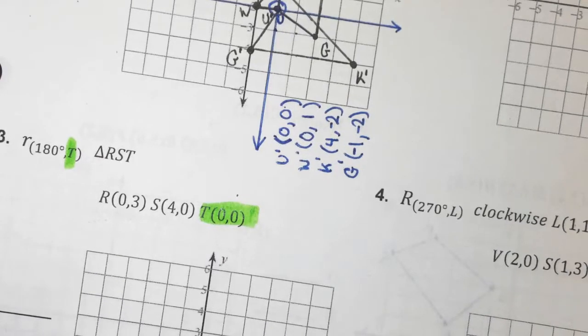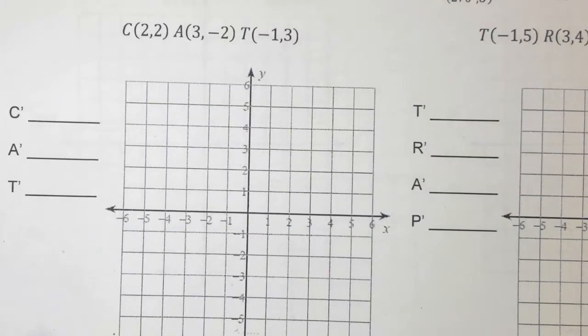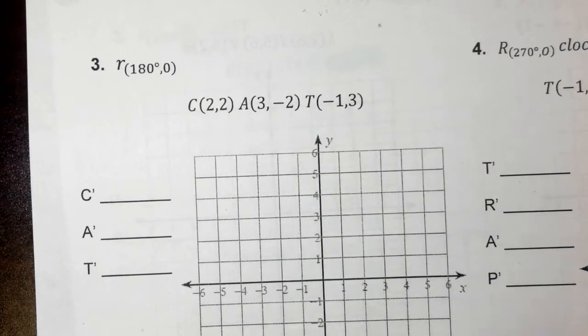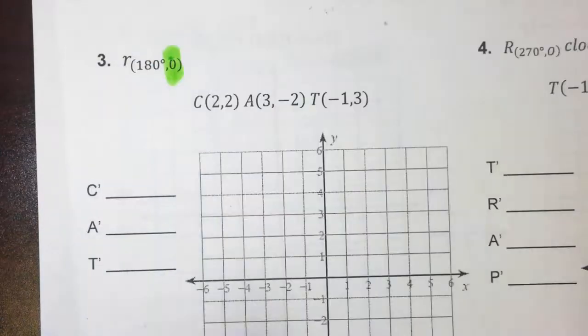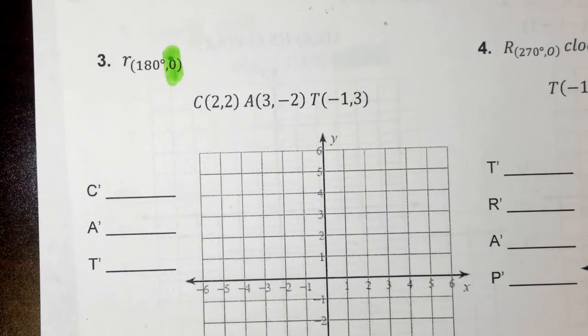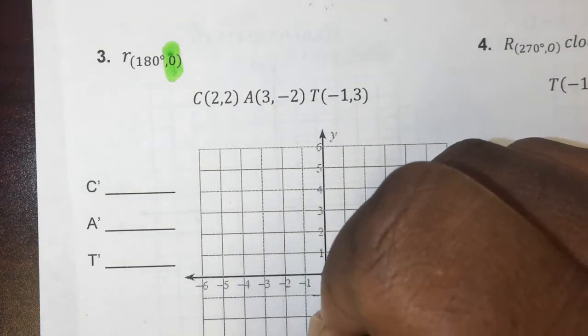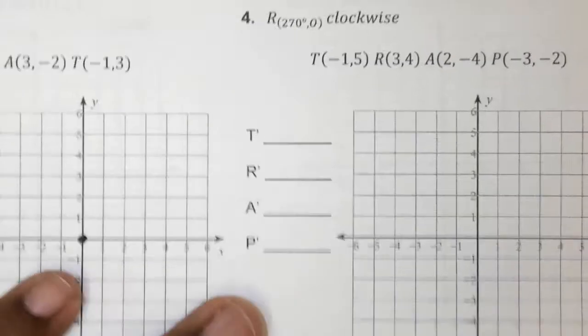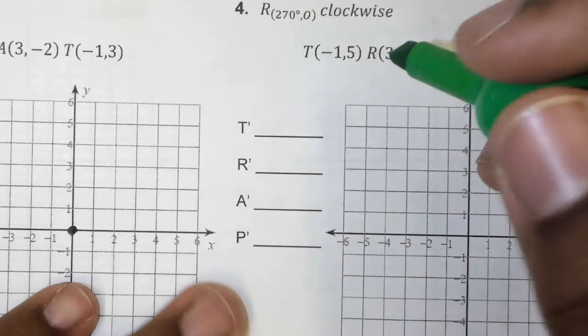Another one like that on home learning. Number 3 on home learning says rotate 180 around the origin. And number 4 tells you to go around the origin as well on home learning.